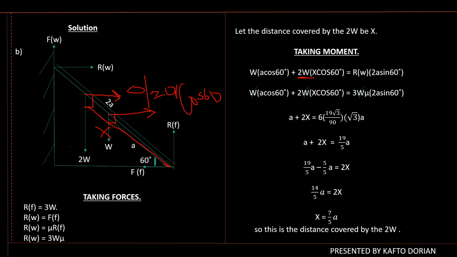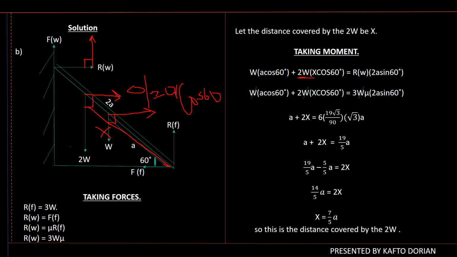Since here is 0, you have RW times, you realize that this force is horizontal, meaning you need a vertical perpendicular distance. The distance from the normal reaction force of the floor to the ground is 2A.